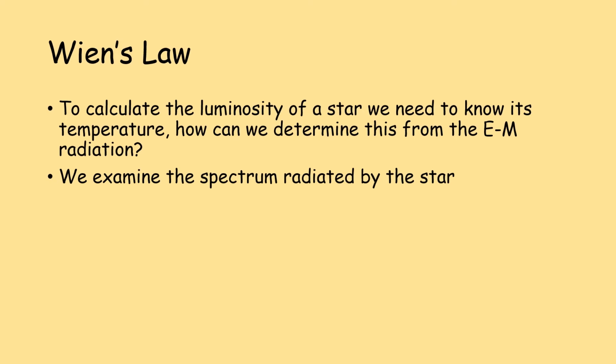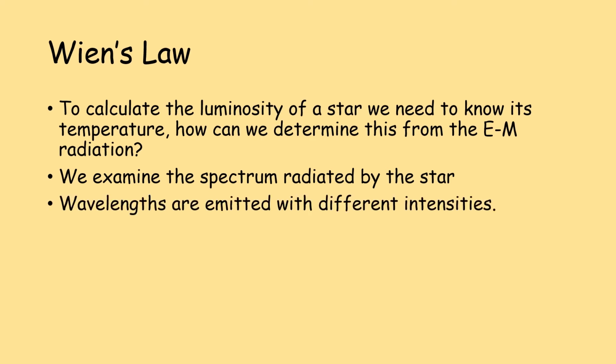And this comes into Wien's law. We examine the entire spectrum radiated by the star, and I'll show you an example of this in a second. The wavelengths of the spectrum are emitted with completely different intensities. I showed you that graph earlier where we had 3 different temperatures of radiation, and they had different peaks of wavelength.